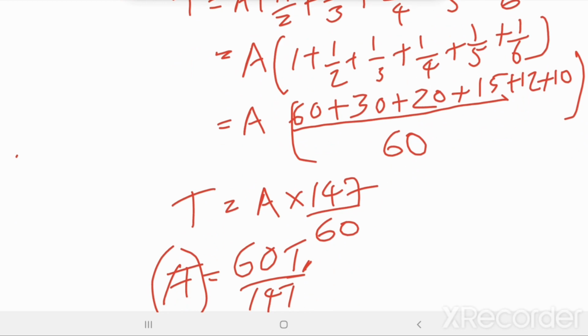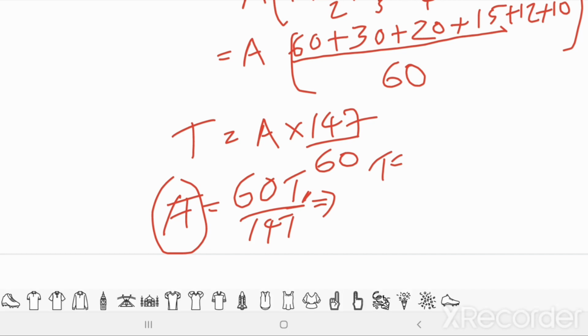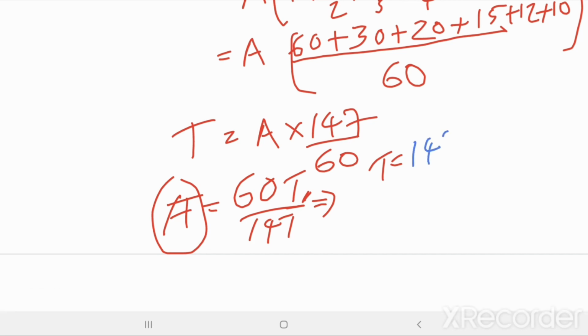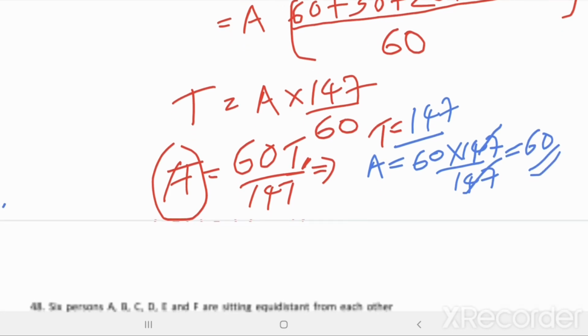When total number of pens T equal to 147, then A equal to 60 into 147 divided by 147. 147 cancelled. We got A equal to 60.